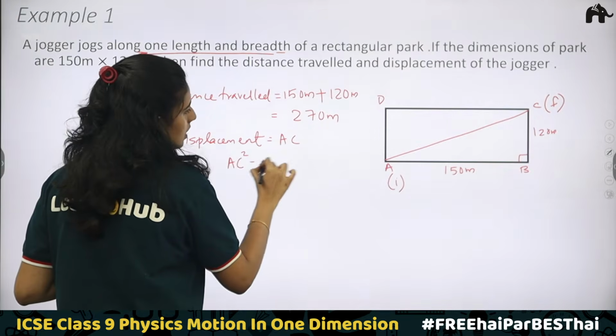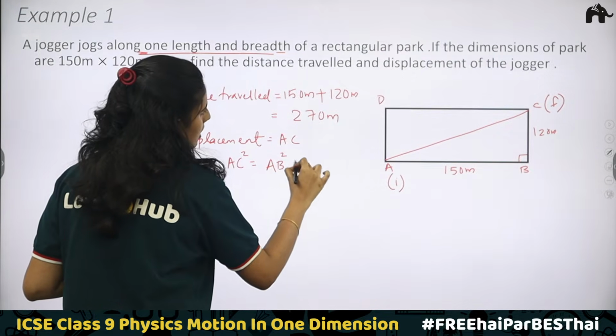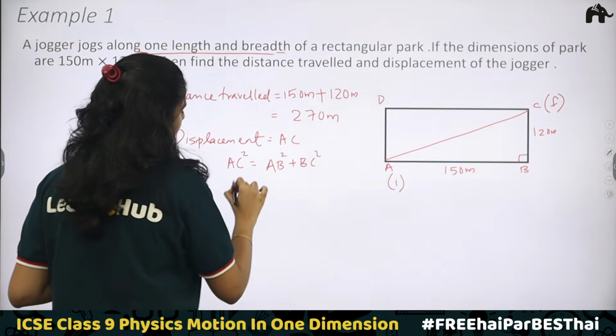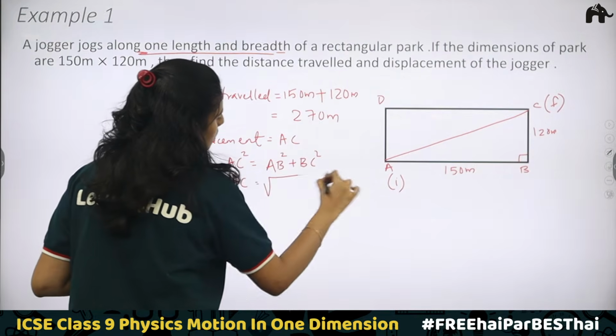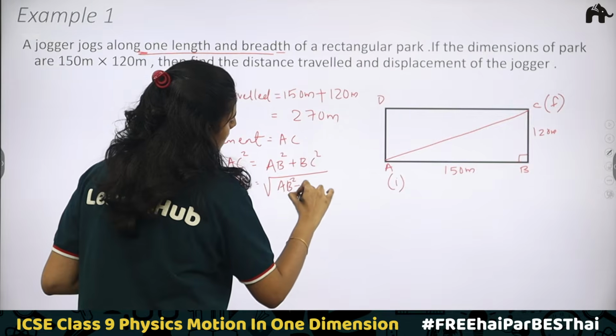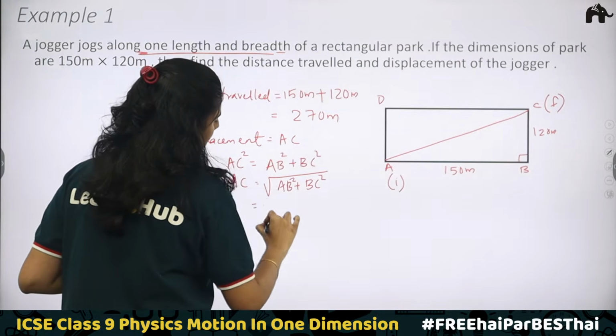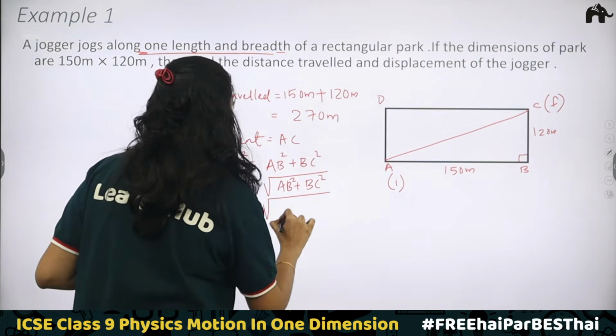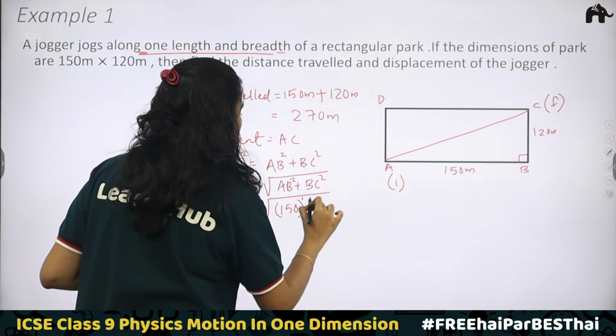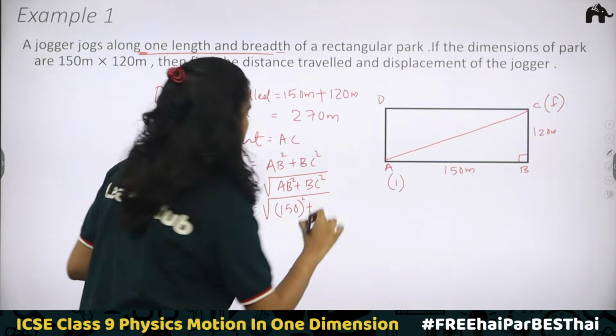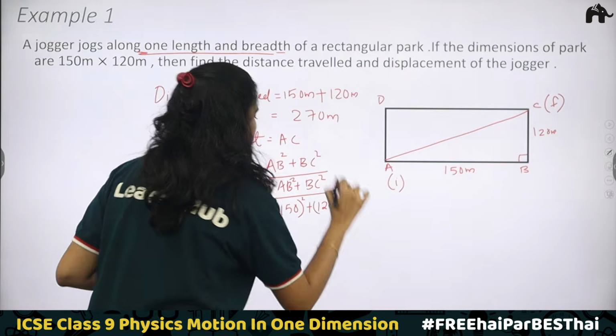AC square is equal to AB square plus BC square. AC is equal to root of AB square plus BC square, which is root of 150 whole square plus 120 whole square.